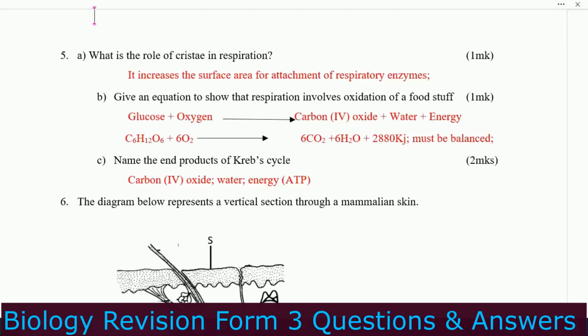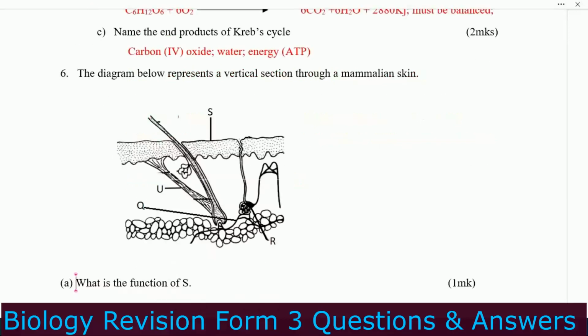Glucose plus oxygen gives carbon dioxide plus water plus energy, and this is how you write it. You miss a mark if you do not balance the equation. Next, you are told to name the end products of the Krebs cycle. That one is carbon dioxide, water, and energy.